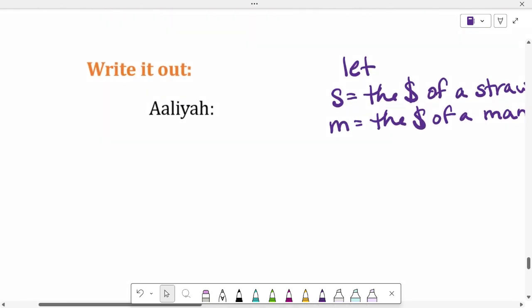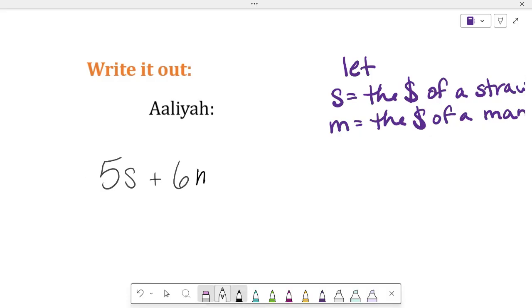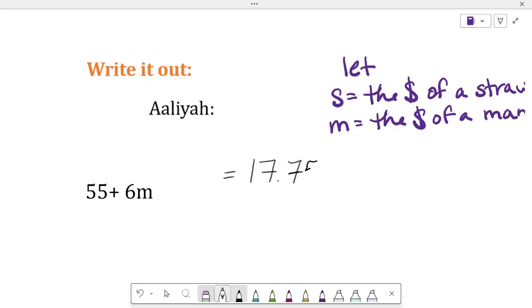So for Aaliyah, she had 5 strawberries and 6 mangoes in her bill, or it was $17.75.